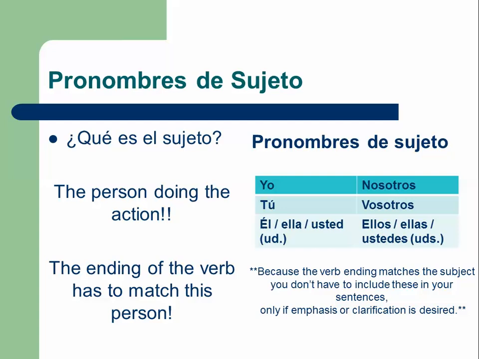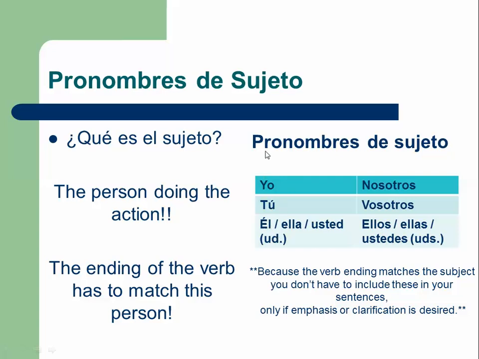You're going to be interacting more with Spanish speakers from Latin America or Mexico primarily, because that's where we have the most influence from. So that's why we're focusing on primarily Latin Spanish, but you do need to know that vosotros exists, and that's where it would fall on the chart.